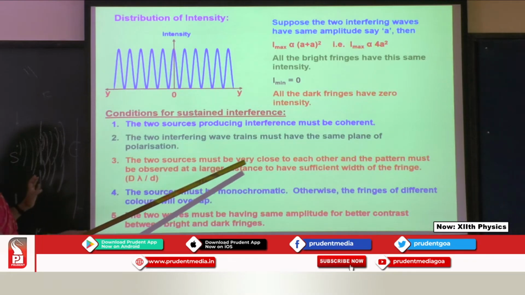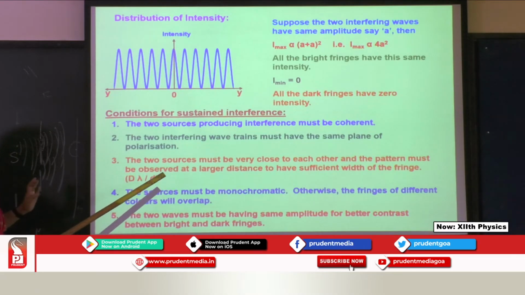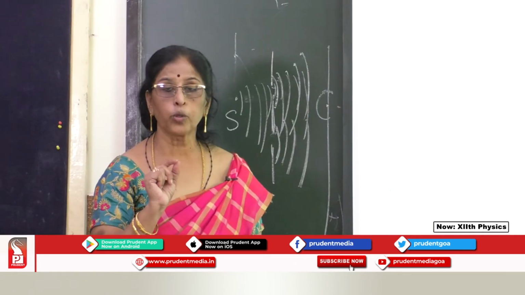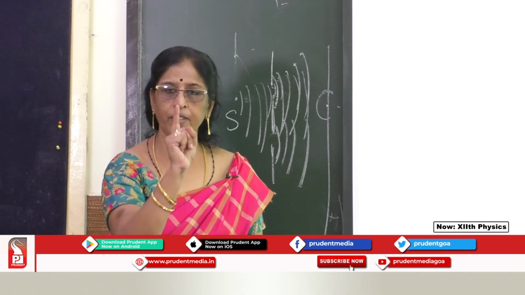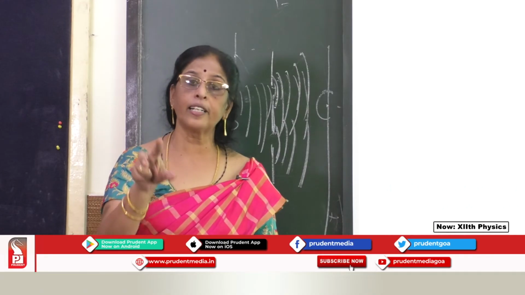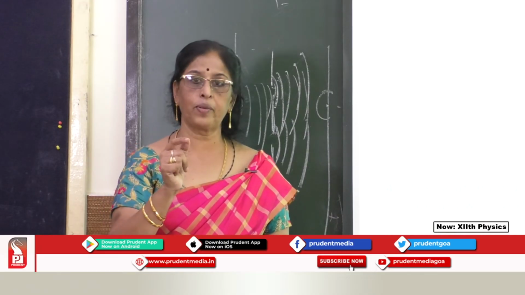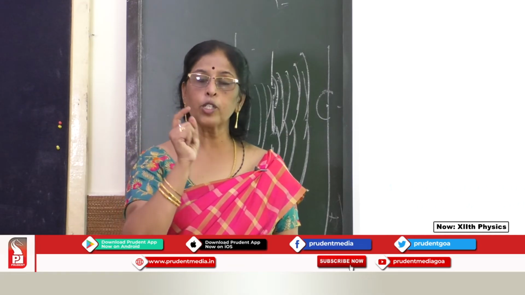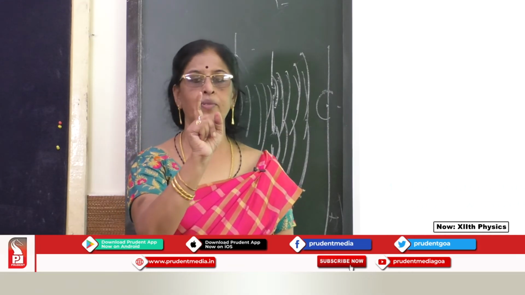They should be very close to each other and the pattern must be observed at a large distance. The sources must be monochromatic. What is monochromatic? Means only one wavelength. When you have white light, it is a composite of many colors which have different wavelengths. That is not monochromatic, that is polychromatic. So monochromatic means only one wavelength.